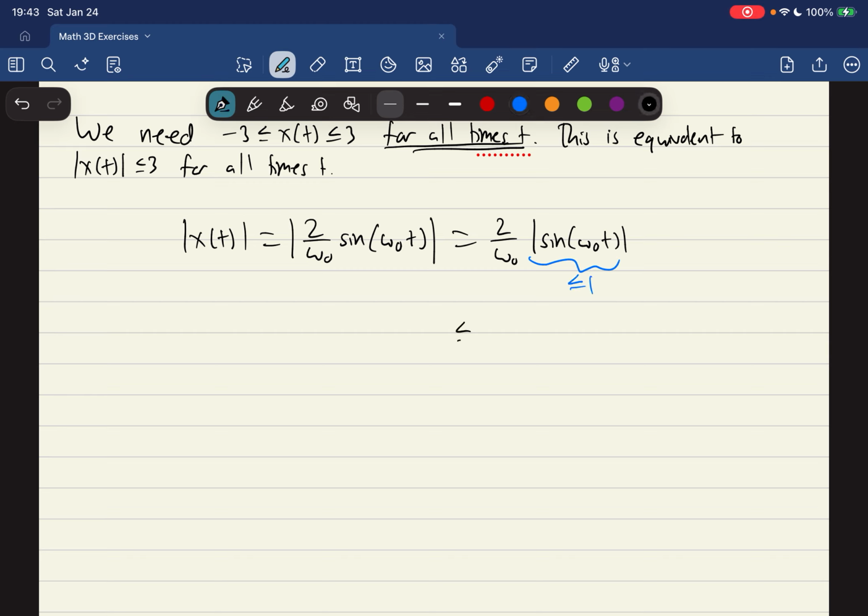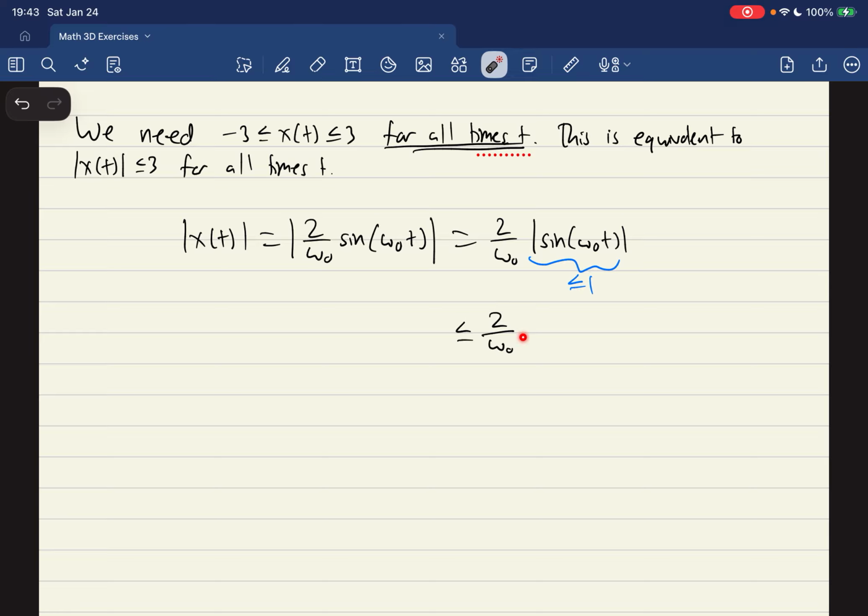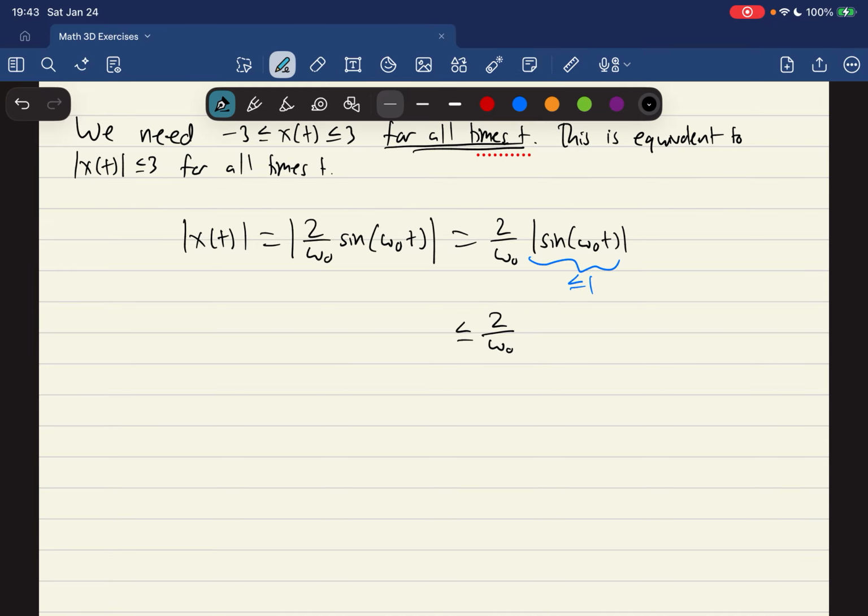And therefore, this says that x of t is always less than or equal to 2 over omega naught. And now just plugging back in what omega naught is, remember, it was the square root of k over 2. So this is 2 root 2 all over root k, just from multiplying the top and bottom by the square root of 2.